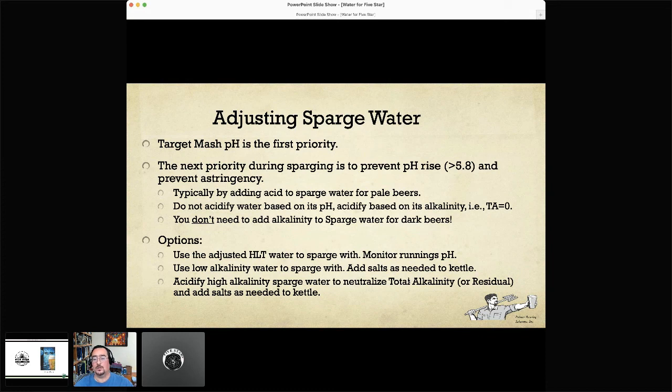So don't add alkalinity to your sparge water for dark beers. If you sparge with regular low alkalinity water or reverse osmosis water, no alkalinity, your pH won't rise. The dark malts in the mash are going to keep that runnings' pH low and avoid astringency.